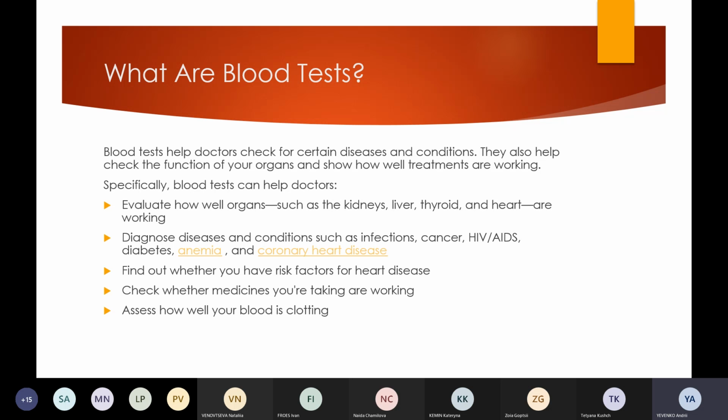We can find out whether you have risk factors for some kind of disease, for example, heart diseases or cancers. We can check whether medicines we have prescribed are working the way we are expecting them to work, or if they cause any side effects, and assess how well the blood is clotting.